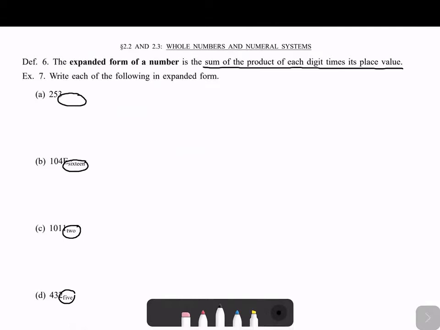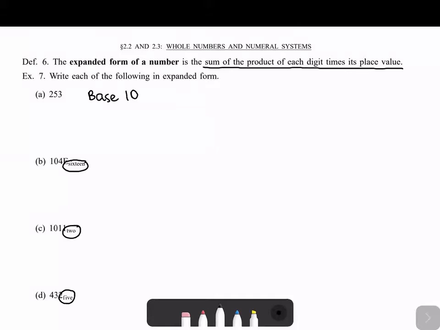If there's nothing written there, that just means that it's in base 10 because that is our standard. So this 253 is just 253 base 10. It's the 253 that we look at, and the amount that it represents is actually 253.